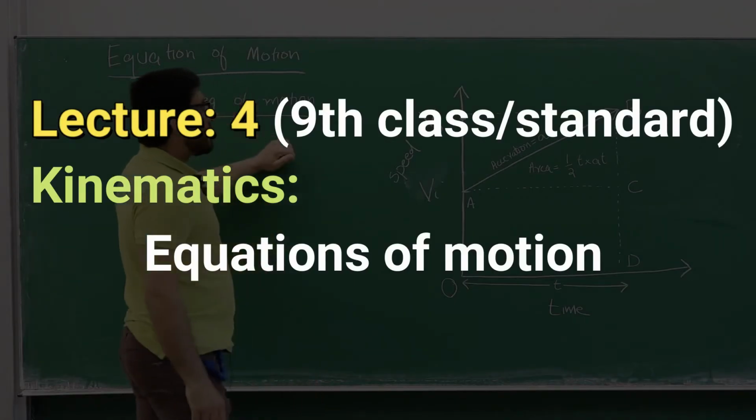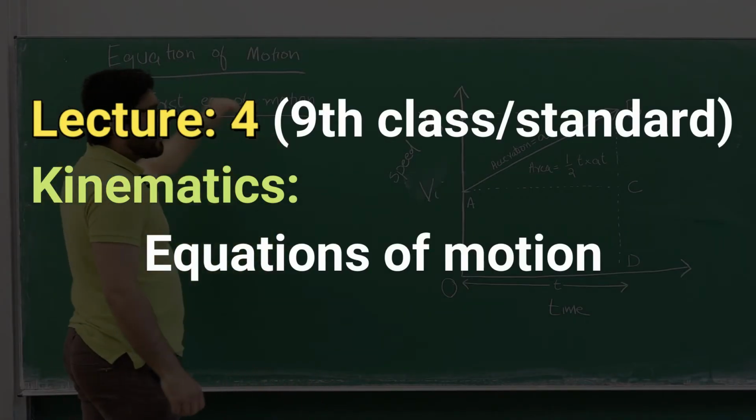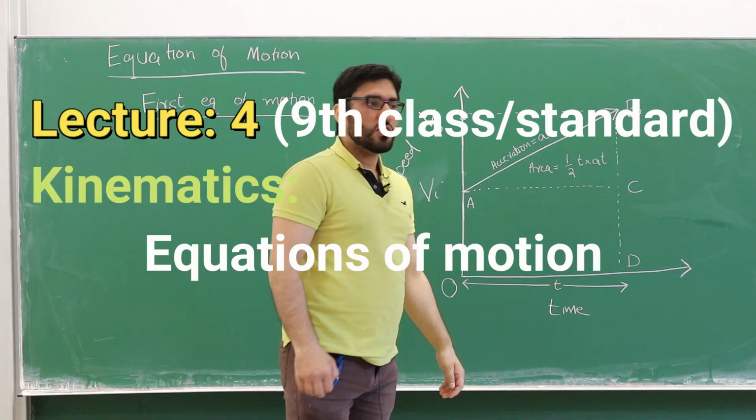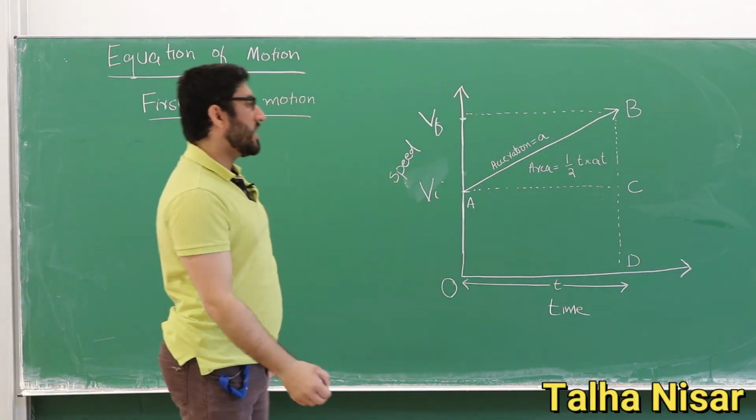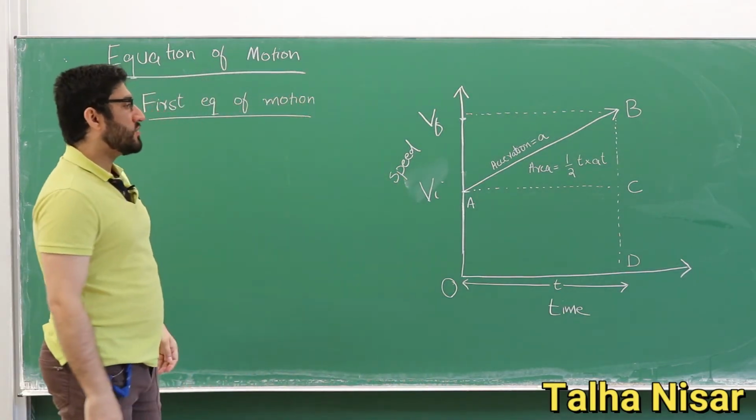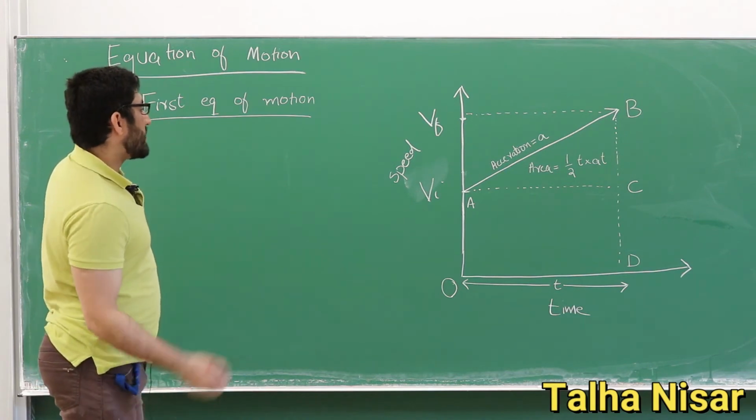So now we talk about the equations. We talked about the types of motion and terms associated with motion. We talked about speed and acceleration.